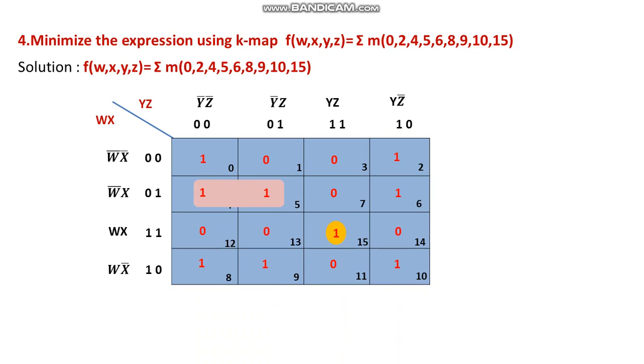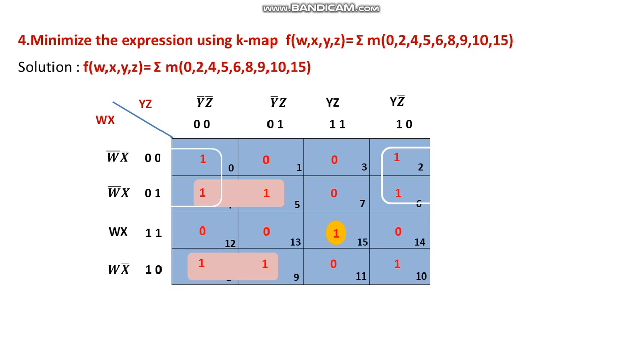Similarly, cell number 9. So cell number 9 is adjacent to 8. So we have a pair here, 8 and 9. Okay. Then we have a quad here, right? So 2, 6, 0, 4, right? Then check for cell number 10.